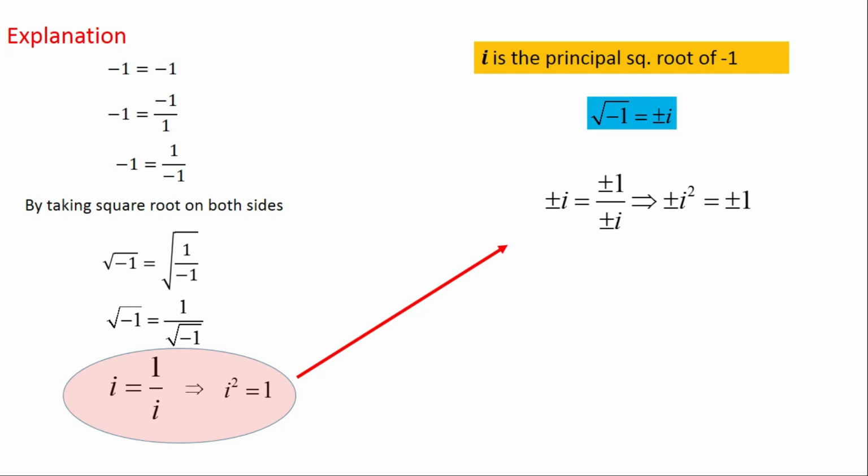We will write plus minus iota instead of iota, and hence proceeding and calculating, we can reach the final result, which is plus minus 1 is equal to plus minus 1, which is very consistent and a correct result of the problem.